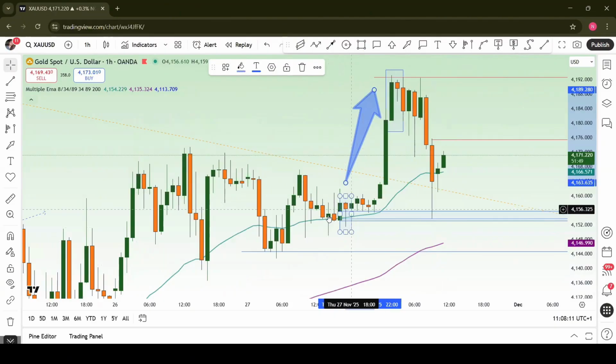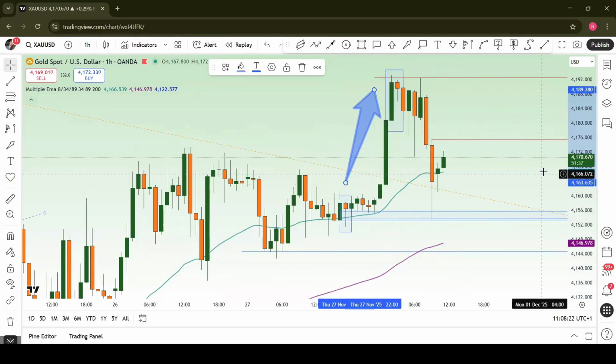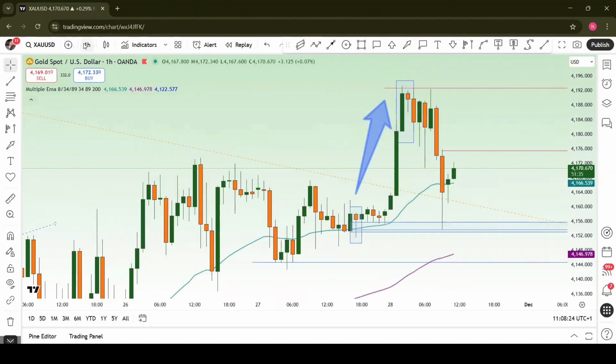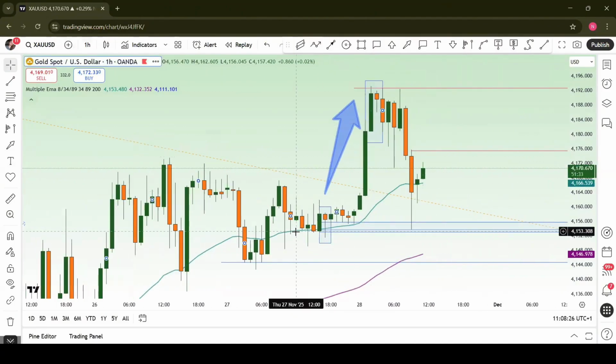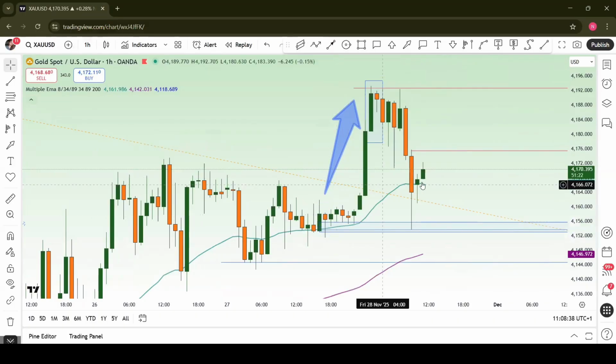Okay, that is the first specific point. And the next one is that it lies at the key support zone, on the 1 hour time frame. Okay, and for the next candle, we need to wait for this pin bar to be established on the chart. And the next candlestick will be your entry. Indeed, it will be your entry.